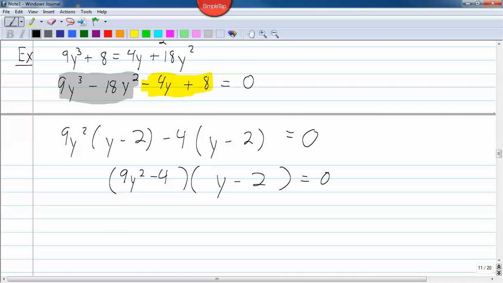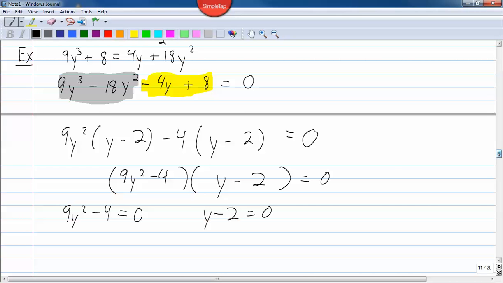Now that's set equal to 0. To solve this, you set each factor equal to 0. So 9y squared minus 4 equals 0, and y minus 2 equals 0. Now solve.